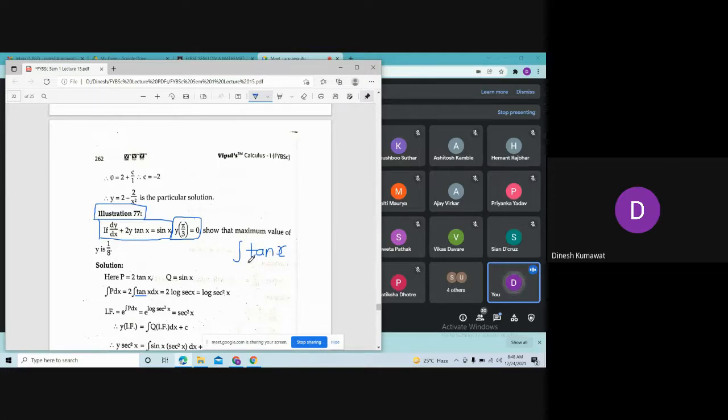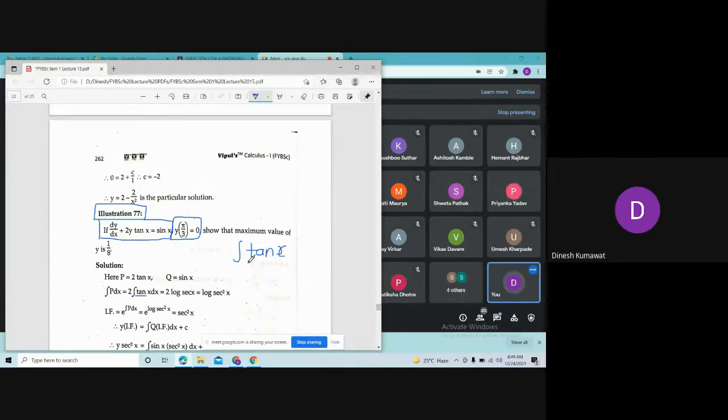What is the integration of tan x? Sir, log of sec x.